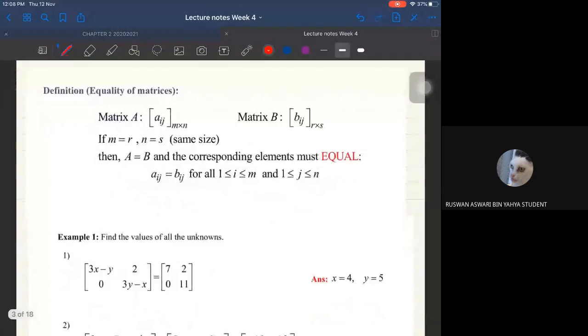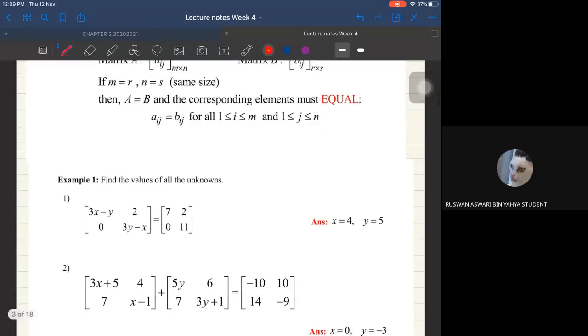Okay, next, the equality of the matrices. So sama macam complex numbers, kita define complex numbers tu sama kalau belah kiri sama dengan sebelah kanan. Betul? So for the equality of the matrices, kita boleh kata matrix sebelah kiri is equals to the matrix on your right hand side if the element of the matrix on your left hand side is equals to the element of the matrix on your right hand side.